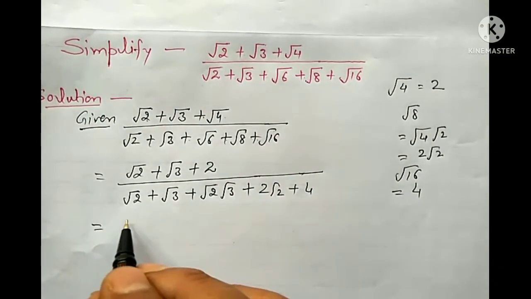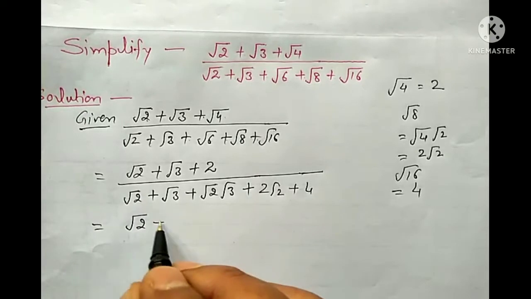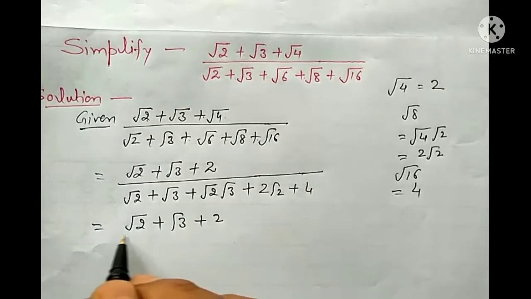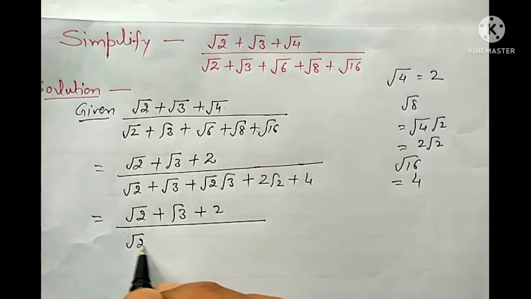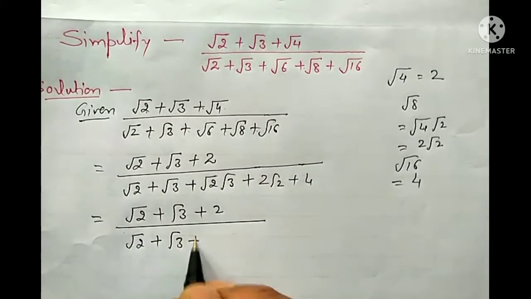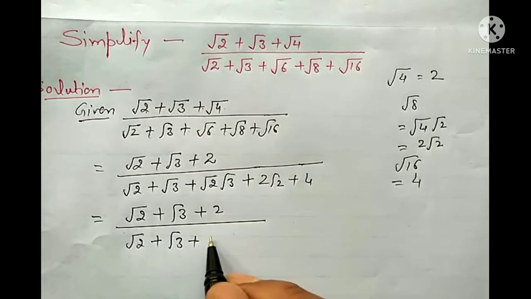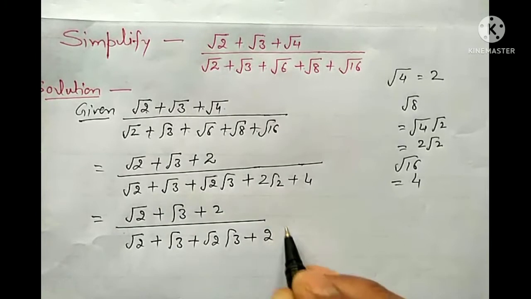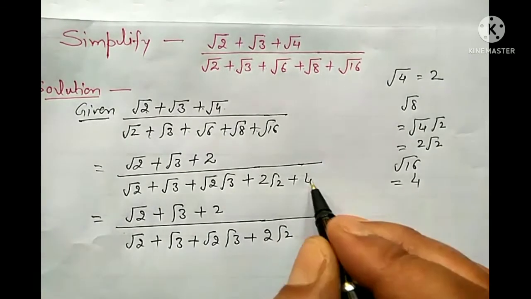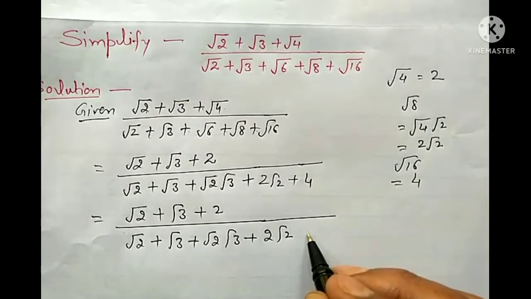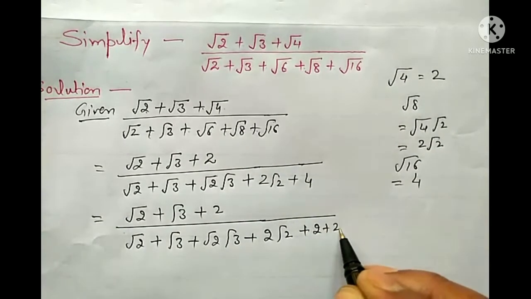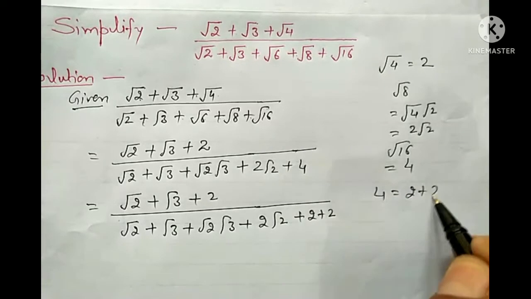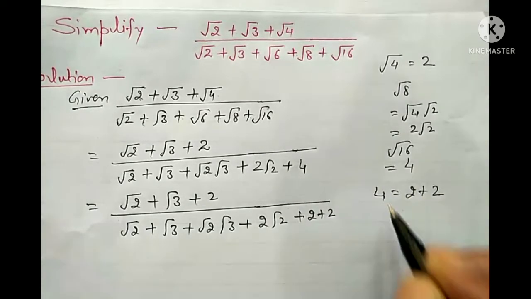In the next step, square root of 2 plus square root of 3 plus 2 over square root of 2 plus square root of 3 plus square root of 2 times square root of 3 plus 2 square root 2, and split 4 into 2 plus 2, because we can write 4 in this way, 2 plus 2, this is equal to 4.